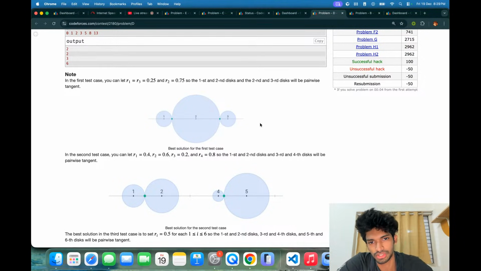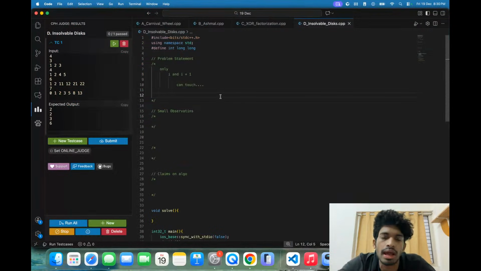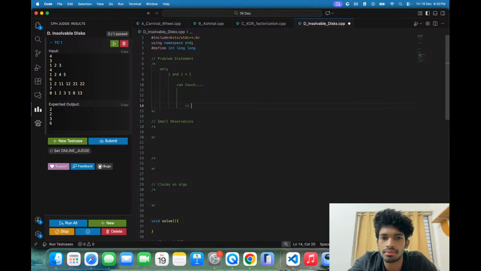We have these conditions like Ri plus 1 less than or equal to Di.